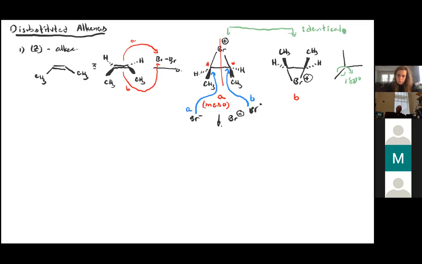Okay, so Br minus attacking at either carbon, and then let's just draw the products, right? So basically, we're going to draw the product deriving from the A pathway on the left.